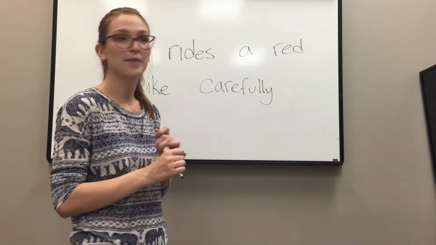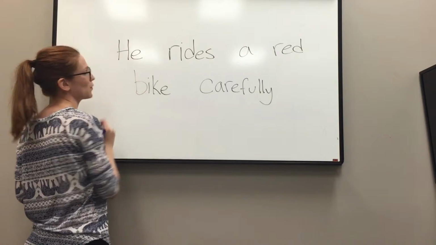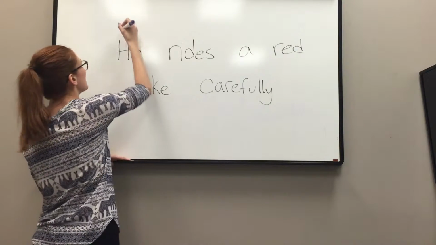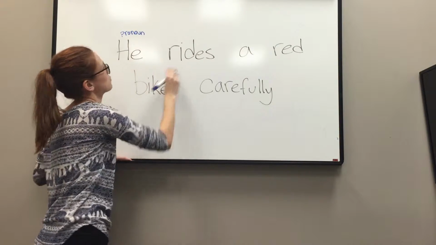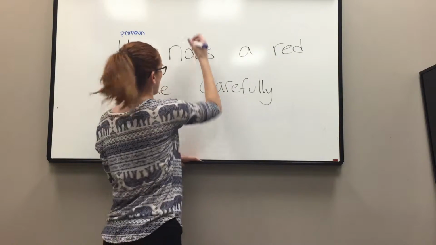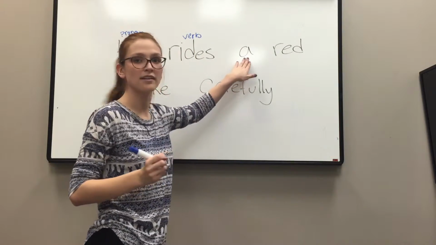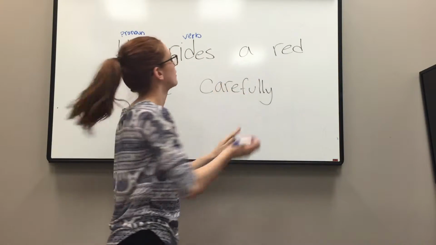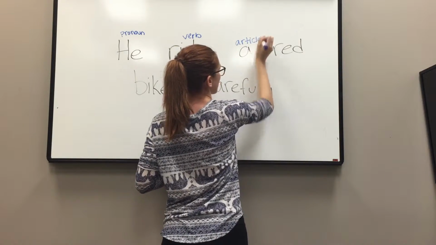Okay, now that you've had a couple minutes to look at your sentence, let's do it up here on the board. What kind of word is he? A pronoun. Very good. What about rides? A verb. Good. An article. Why did we use a instead of an in the sentence?